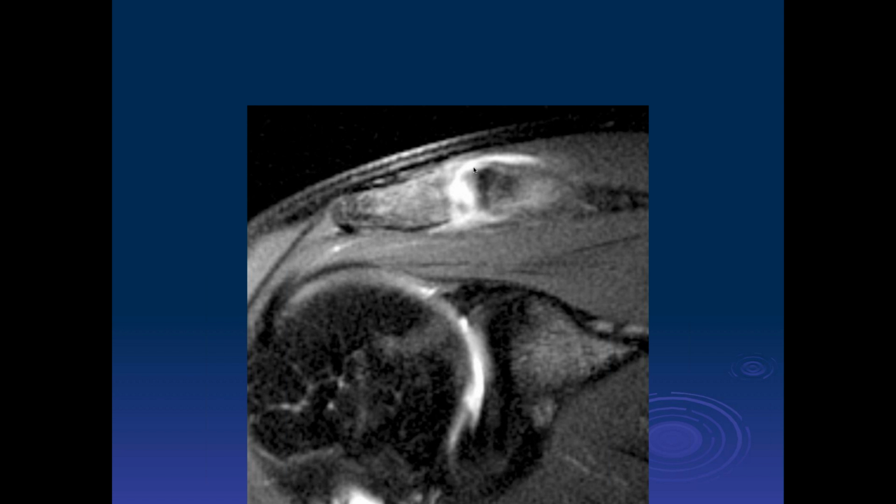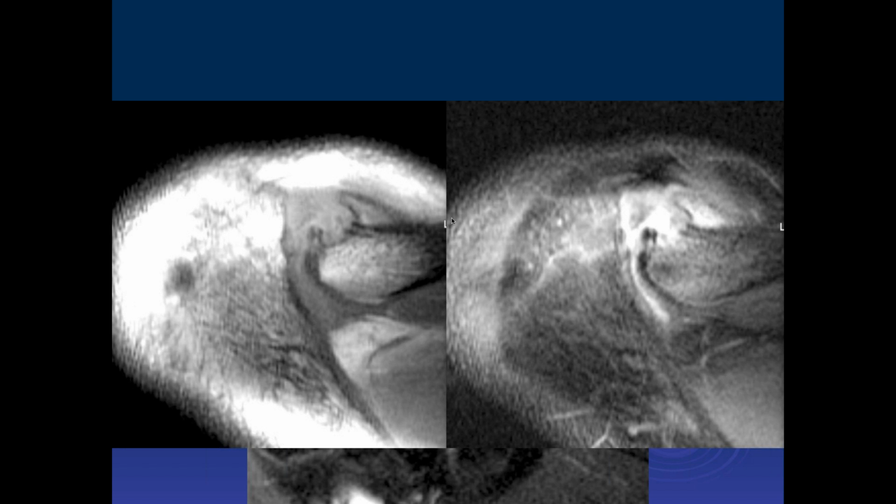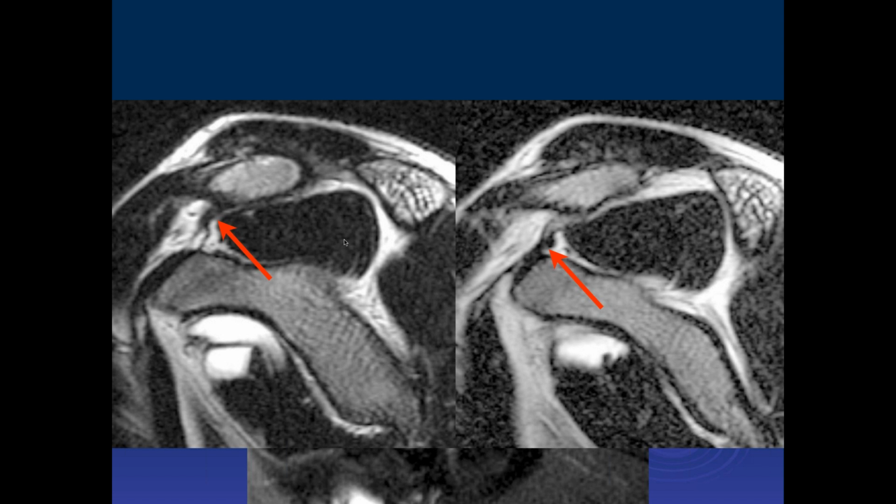So here's another example. We basically have a capsular injury with a little bit of fluid adjacent to the capsule. In this particular case, we actually see a little erosion here. This patient probably, like most of them, has acute on top of chronic disease. And then we need to go to the CC ligaments. Now, one thing, especially in older females, the CC ligaments may be kind of small.